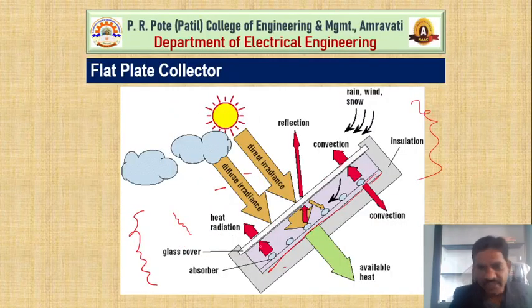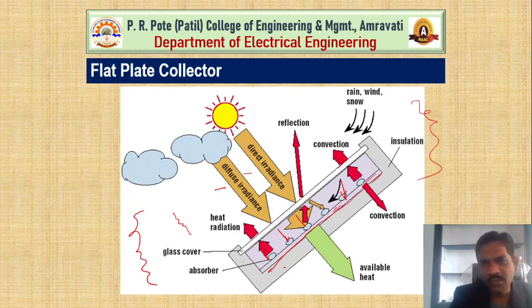If you observe that diagram, from the sun both types of radiation come out. This radiation may be diffuse or direct, and it is incident on this transparent cover, the glass. Whenever the solar radiation is incident on the glass cover, it is transferred to this absorbing plate or absorbing surface.